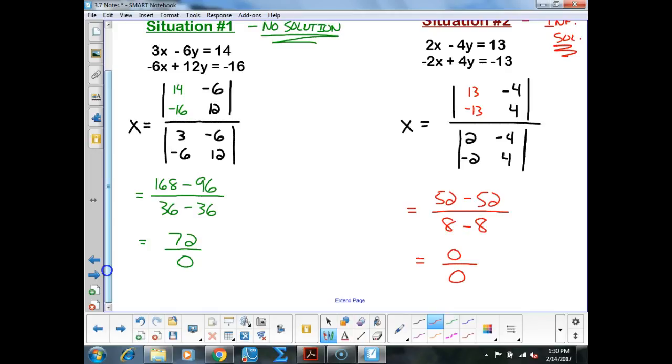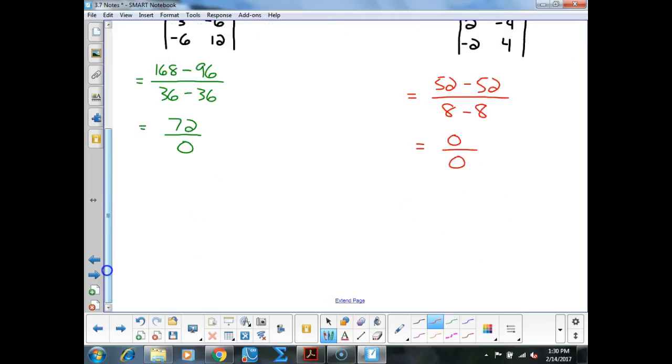So what would the conditions that we're looking for be if we're setting up Cramer? What shows up in both cases? 0 on the bottom. Okay. So situation or condition number 1 is we are dividing by 0.